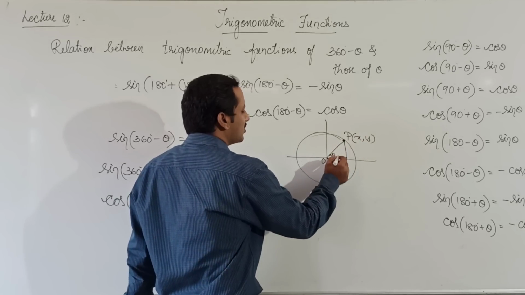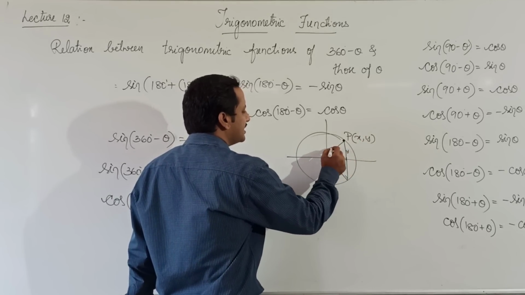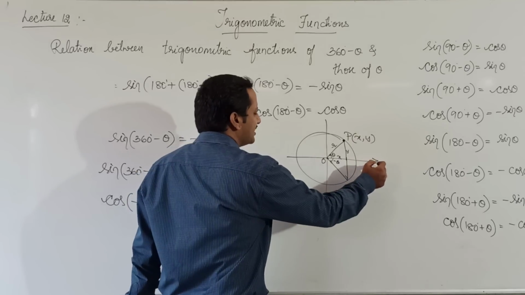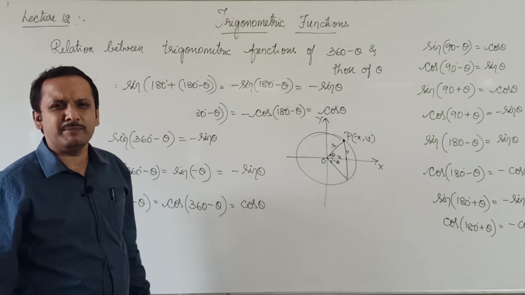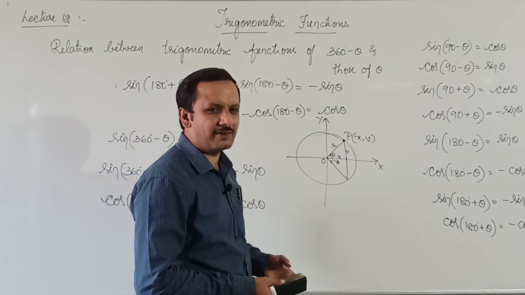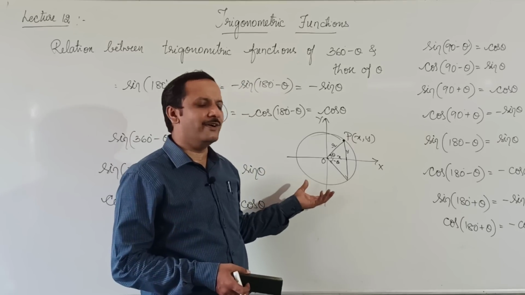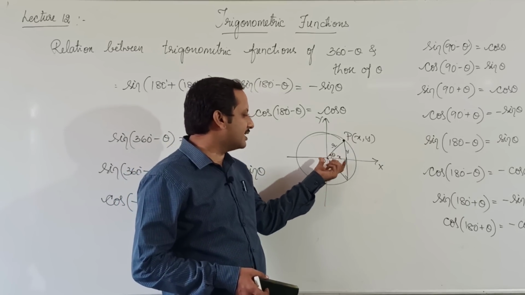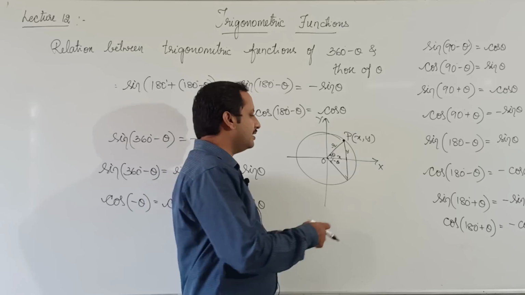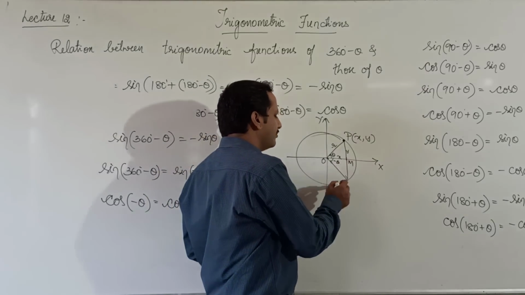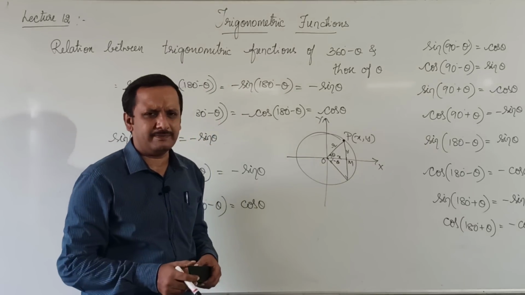If this point is x comma y, this is x, this is y, this is r, the radius r. I am considering a circle with center at origin and radius r. You might be thinking, sir, you know the only circle what you know. Okay, maybe true. Now, I am choosing a circle with center at origin and radius r, taking a point P x comma y, such that this angle, let me call this as m over P, that angle is theta.